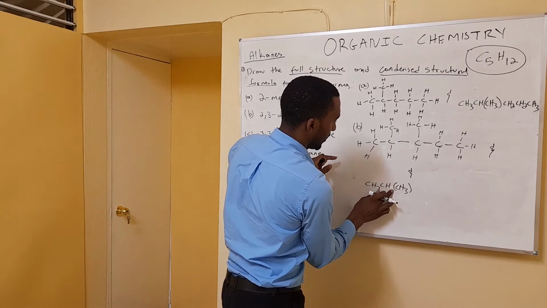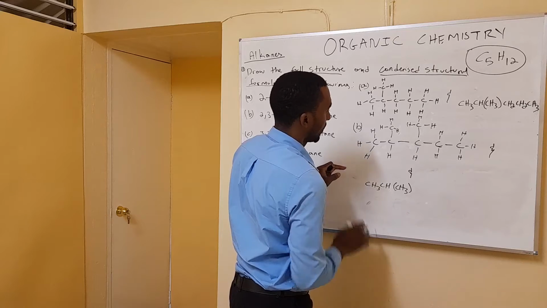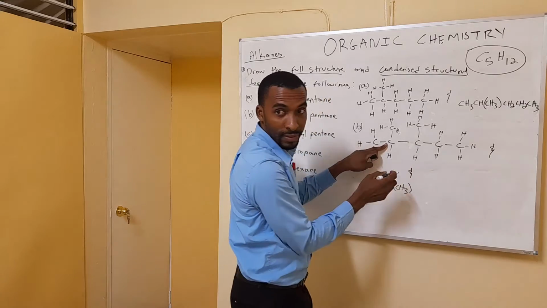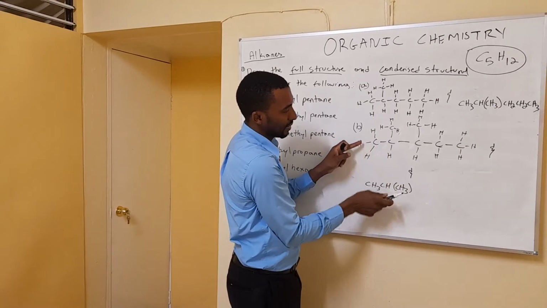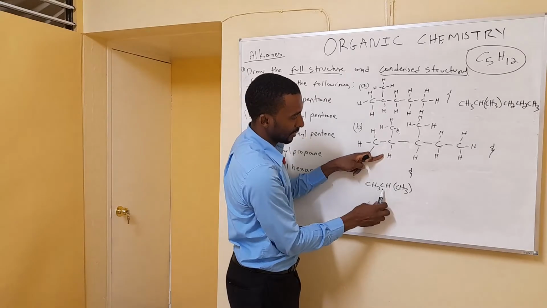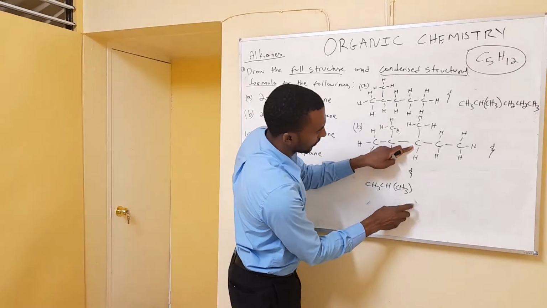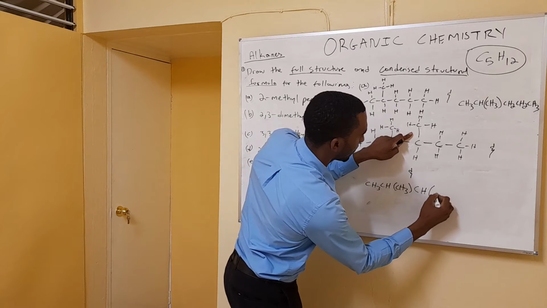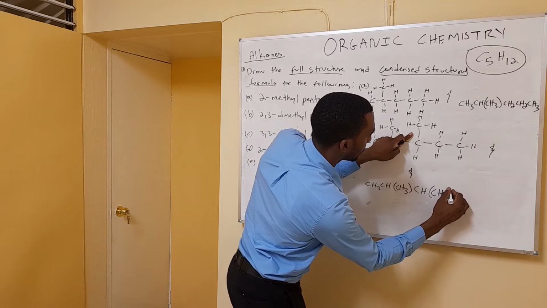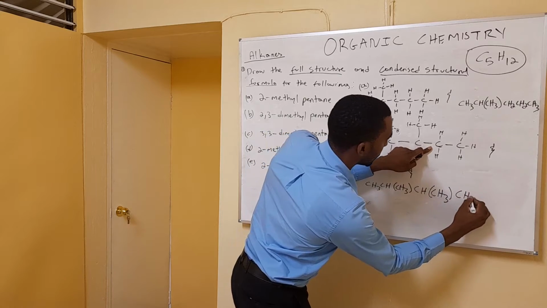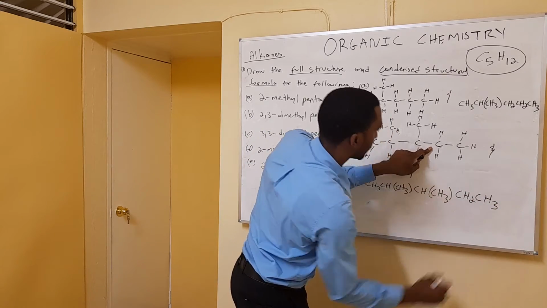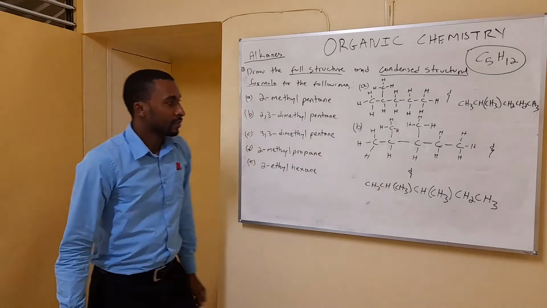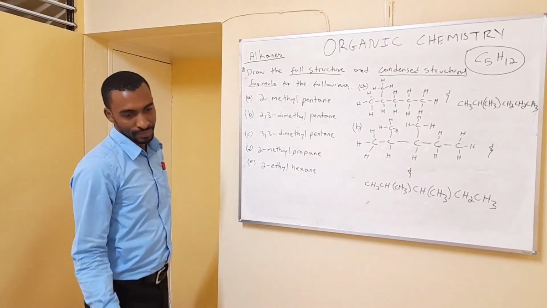Sorry, this is just a CH there, my bad. CH. Following, this one that is attached has only 1 hydrogen. So it's a CH here and a CH3. Another CH in bracket again, CH3. And CH2, CH3. That's for B.